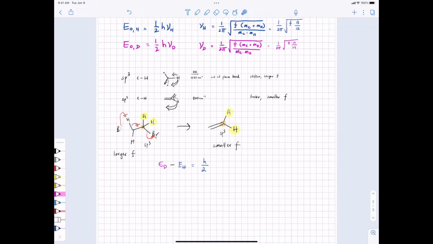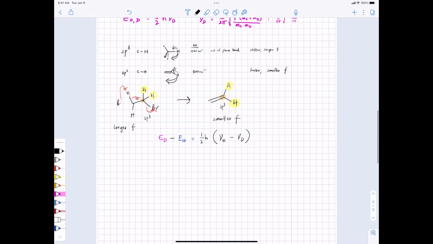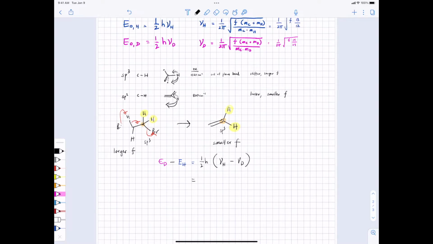which we can pull out the constants that are similar in these vibrational force constants. So we can pull out of those expressions everything that we have in common. So let's see, 1/2 h times the difference in vibrational frequencies. But we could factor out of there the 1/2 pi. So now this is h over 4 pi.